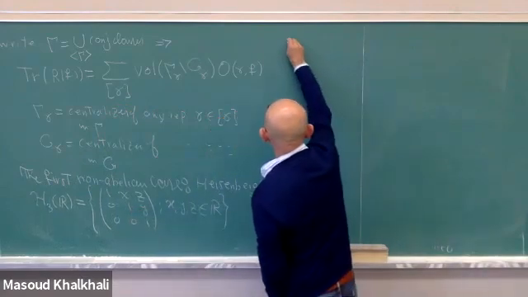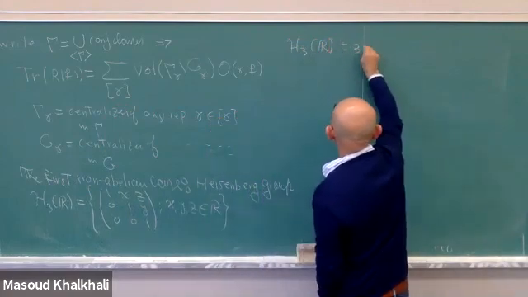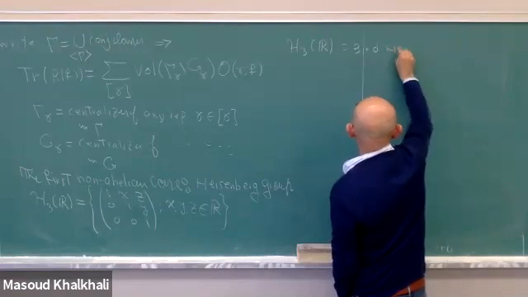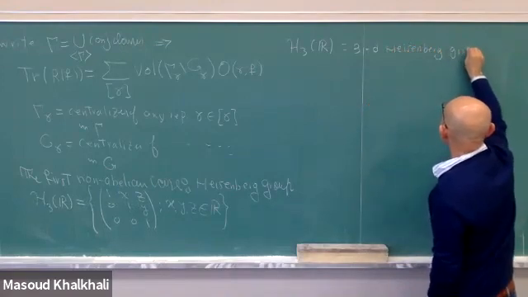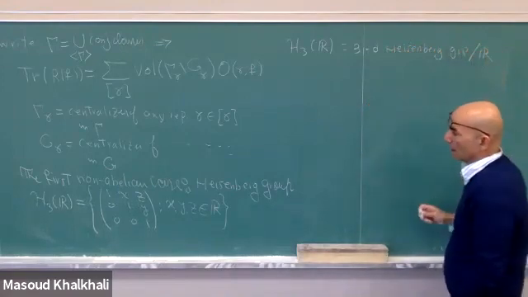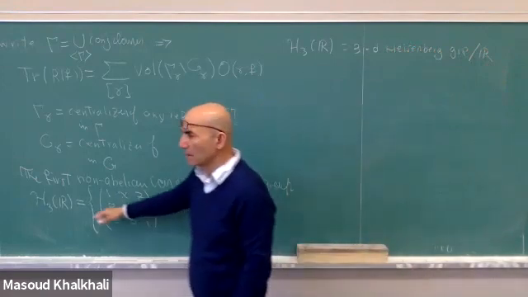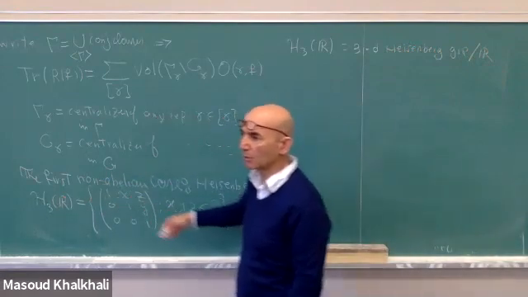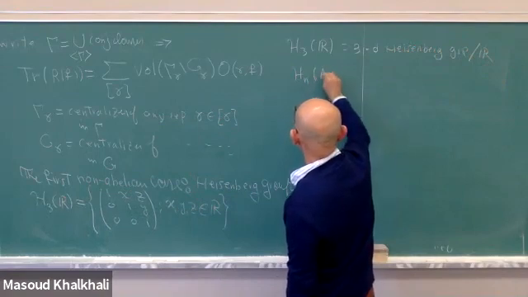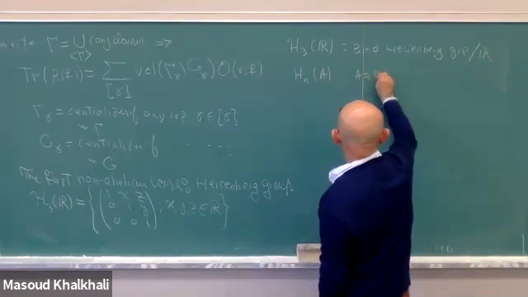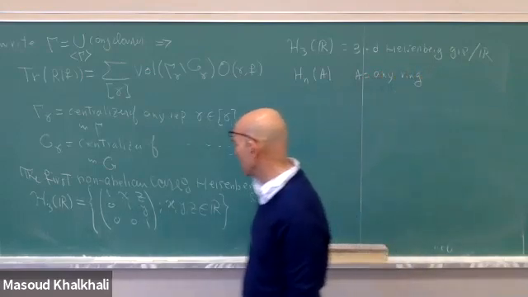So H3 of R is called the three-dimensional Heisenberg group over R. In general, you can define the Heisenberg group over any ring, I believe the ring need not even be commutative.